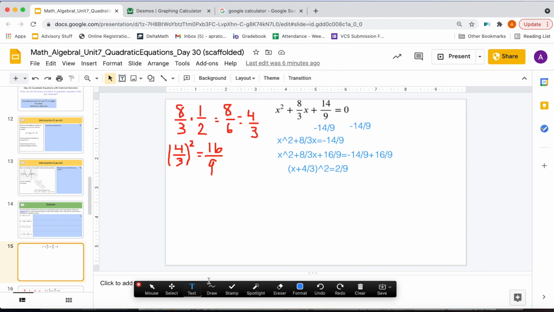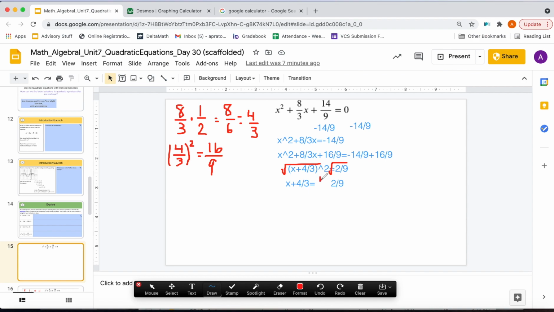Now I'm going to go ahead and solve this equation. We used completing the square. Now we can solve. Square root both sides to undo squaring. When we square root something, we have two answers. So x plus 4/3 equals positive or negative square root of 2/9. I'm going to write that in.